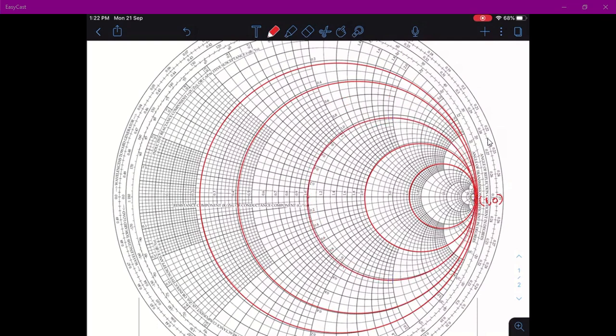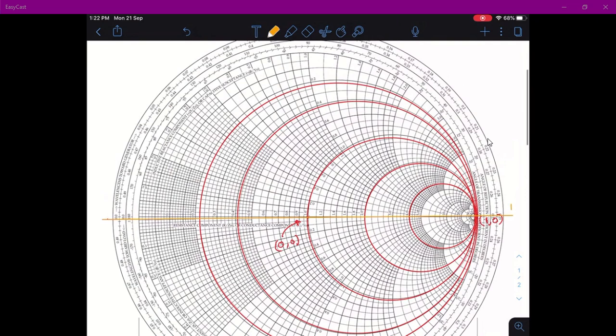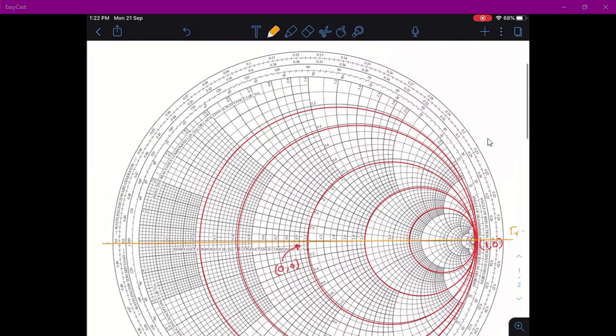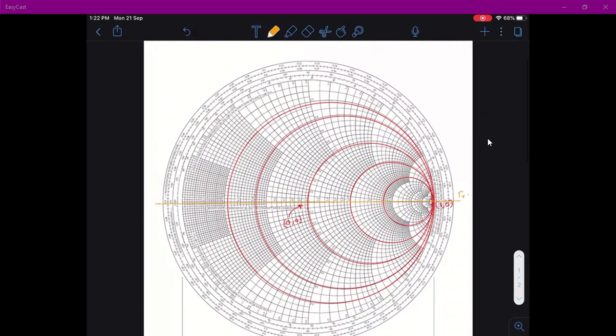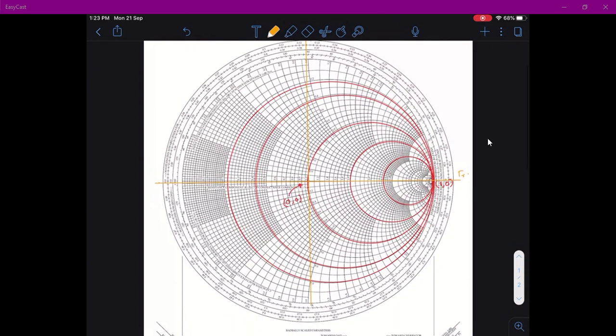This point is basically your origin, and this where you mark 1.0, this is basically your 0 comma 0 reflection coefficient. So this is an axis. This is the tau r, and this is the tau i axis, and this is the origin point.